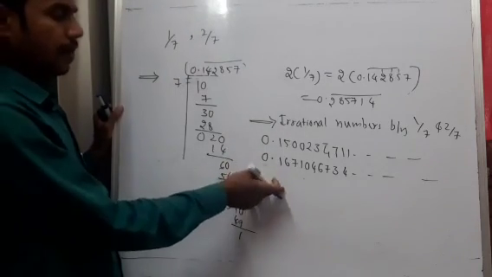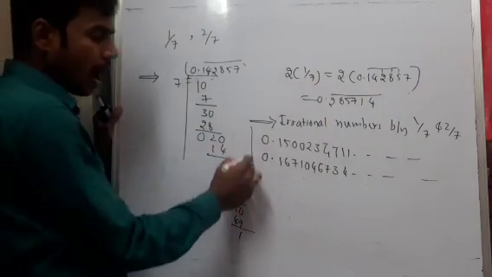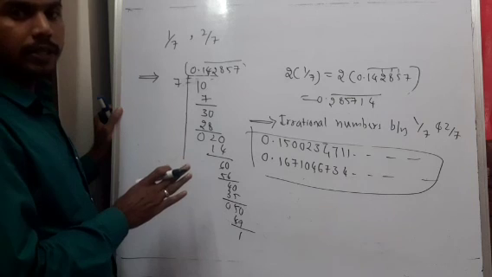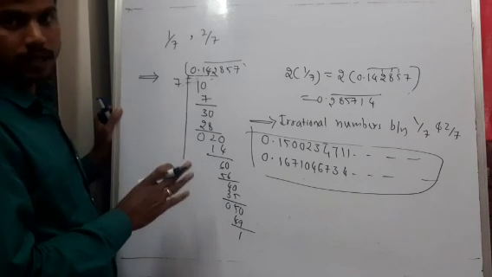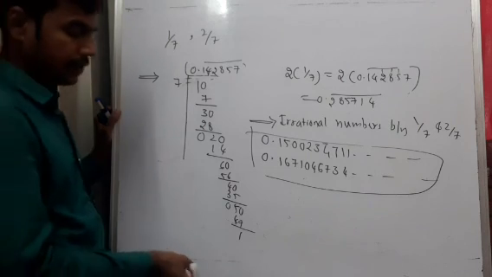These are two examples that lie between these two decimal expansions, and they are irrational. Hope you understood. Please note this down. This is the introduction for exercise 1.3, then we'll move to exercise 1.3. Thank you.